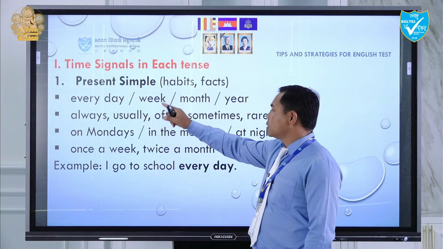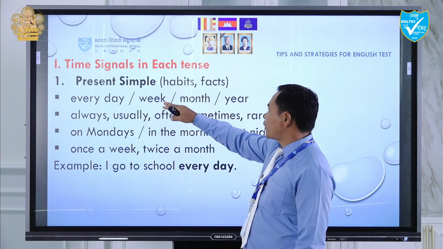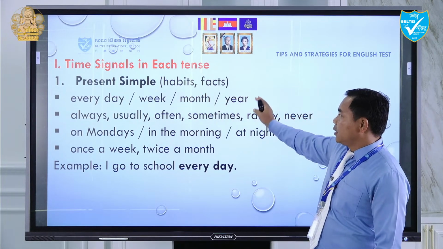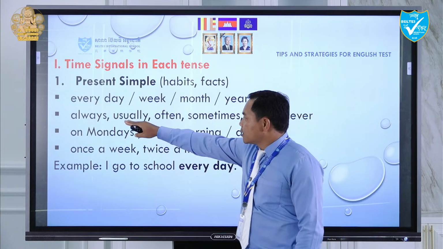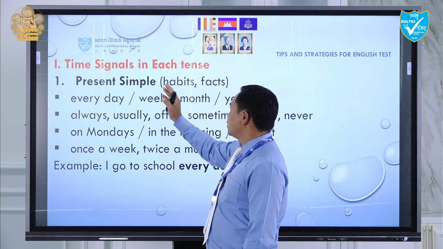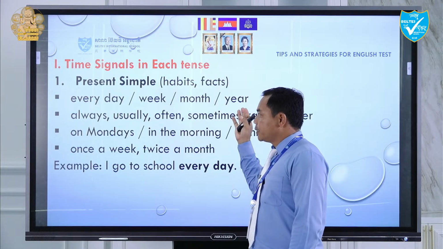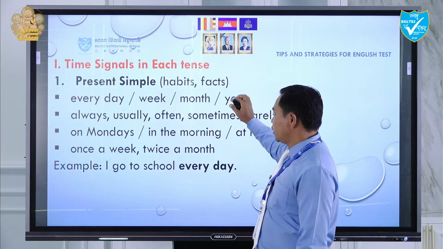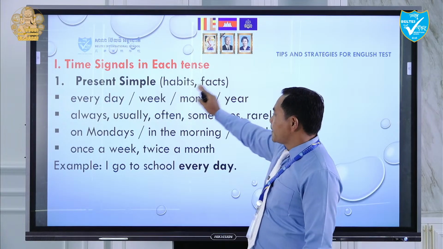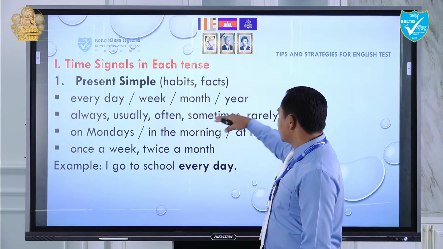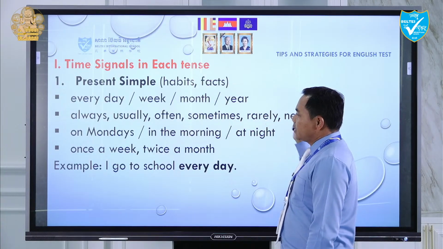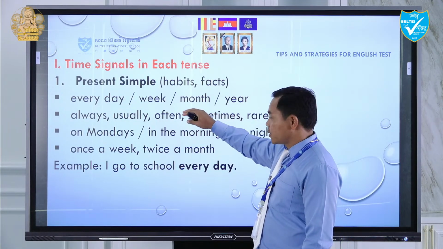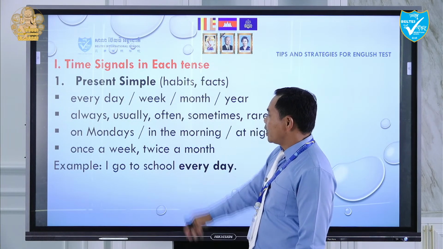The first one, the time signals used in present simple, which talks about habits or facts. Every day, every week, every month, every year. You can identify that this sentence or statement is about present simple, talking about habit. Always, usually, often, sometimes, rarely, never. These adverbs of frequency are used in present simple to talk about daily routine or habit.